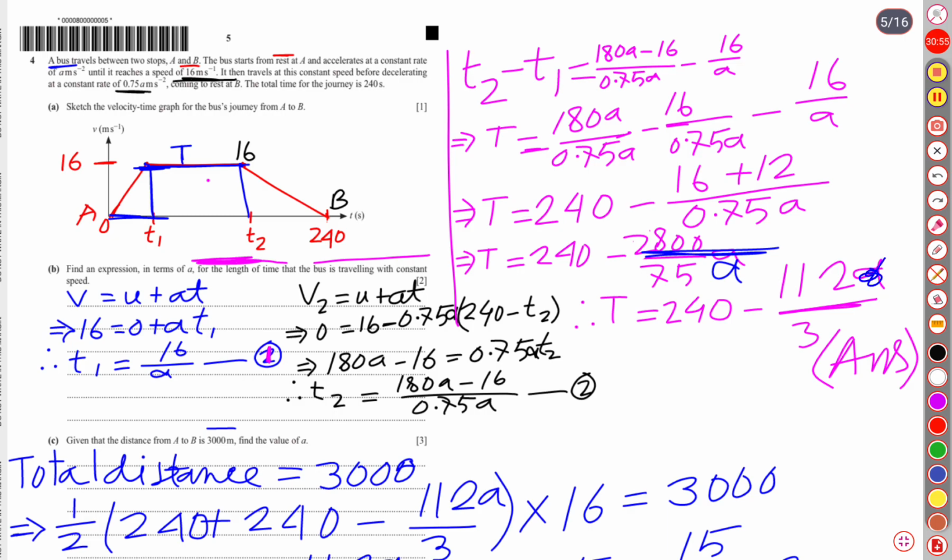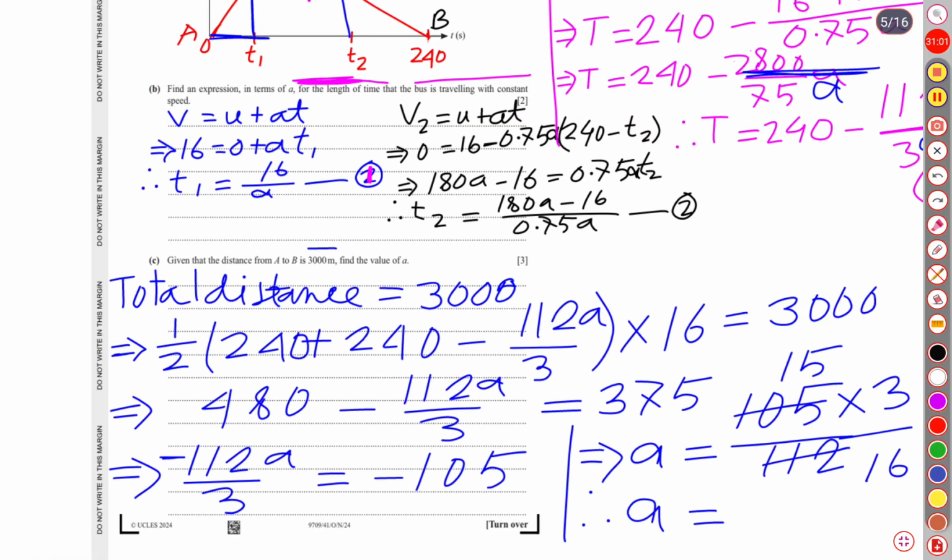So 3a will go downward, and a is the denominator.